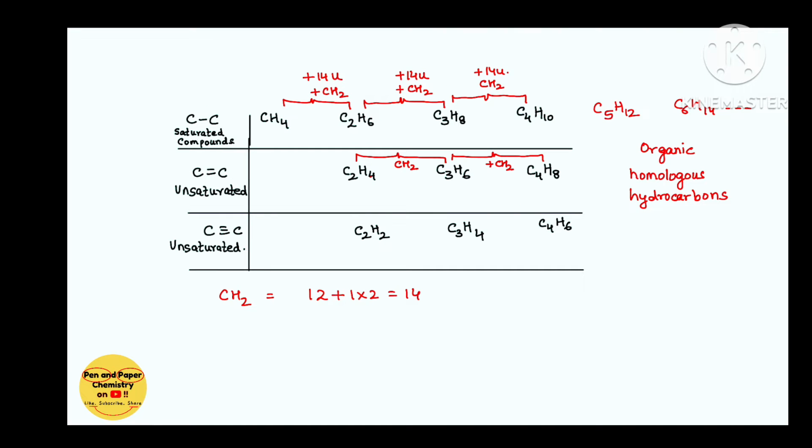So if I have to define it simply, I will say a homologous series is a series of organic compounds wherein the successive members differ by the CH2 group and by a molar mass of 14 u, and they have the same functional group. Now, is there a functional group in saturated compounds?